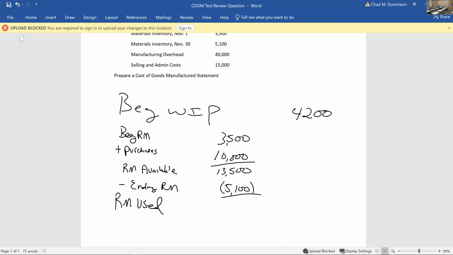You take your beginning plus your purchases to get your raw materials available. Then you subtract out your ending raw materials to find out how many raw materials were actually used.